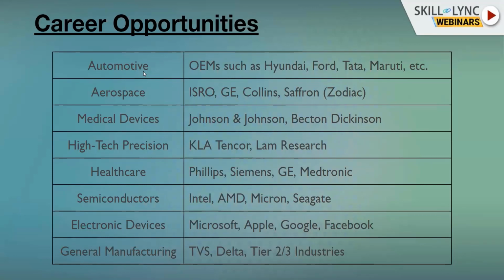The electronic devices we use, Apple tabs, Microsoft Surface, Google Nest, Amazon Echo, the Facebook VR, Oculus, those kinds of companies definitely use electronic cooling simulation and they definitely require electronic cooling engineers.